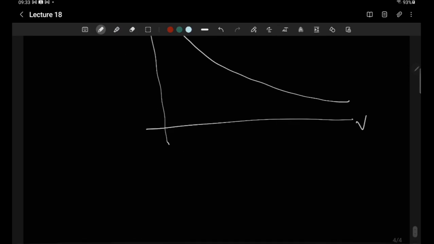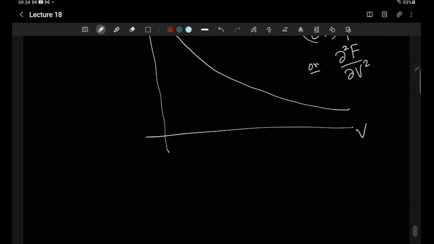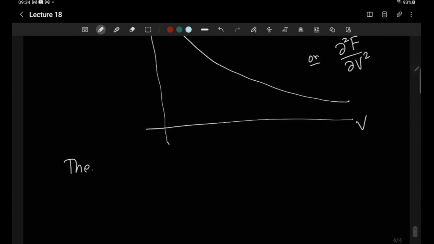So this has some physical meaning. If you are working in the canonical ensemble, where we're working with the Helmholtz free energy, this would be some condition on the second derivative, d squared F by dV squared. So this should be related to stability. What is the condition for stability?